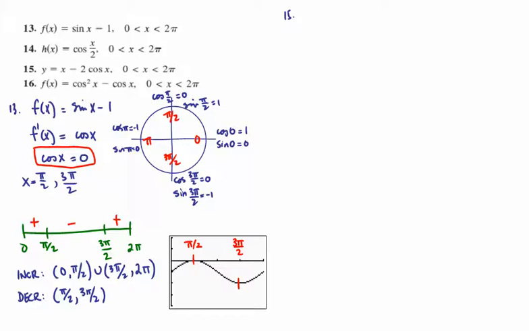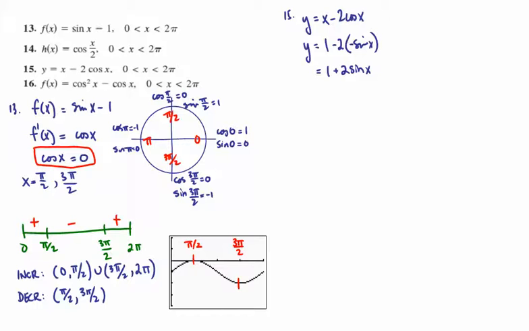Our function is y equals x minus 2 cosine of x, and our first derivative is going to be 1 minus 2 times the derivative of cosine, which is negative sine of x, and so we end up with 1 plus 2 sine of x.